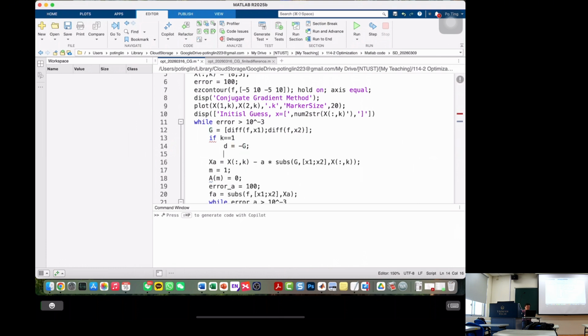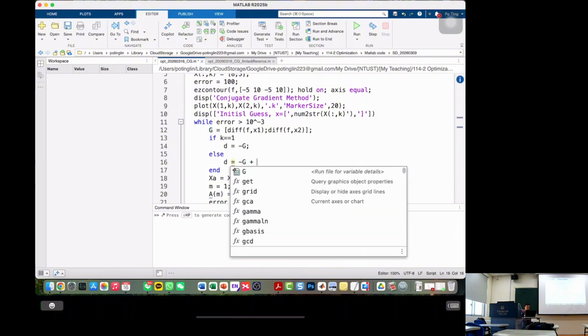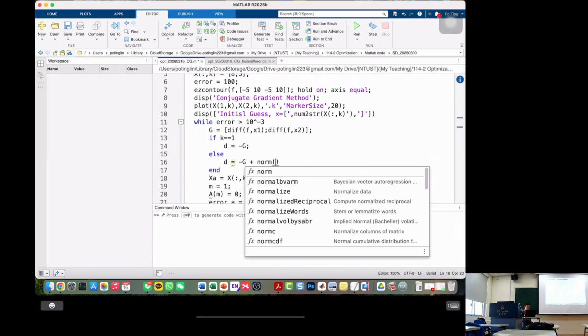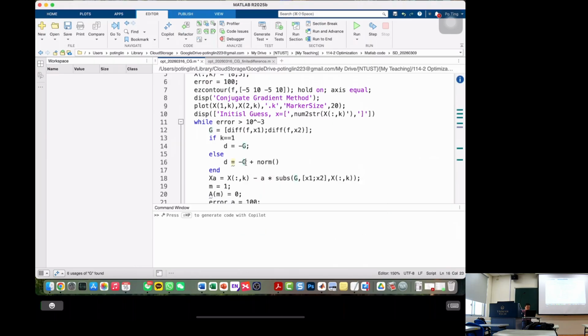Else, my d would be different. So d would be negative g plus the norm of the current g squared, divided by the norm of my previous g squared, times my previous d.